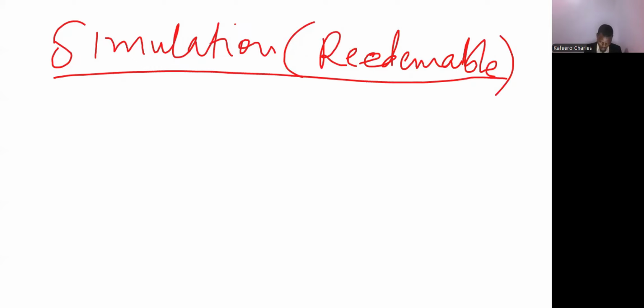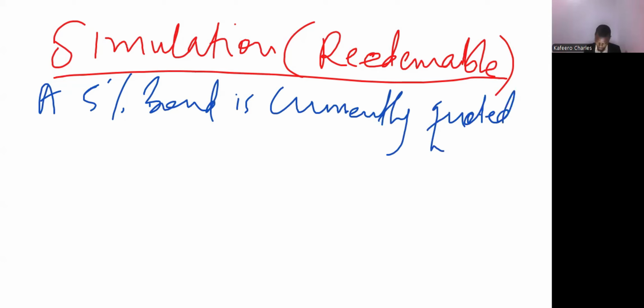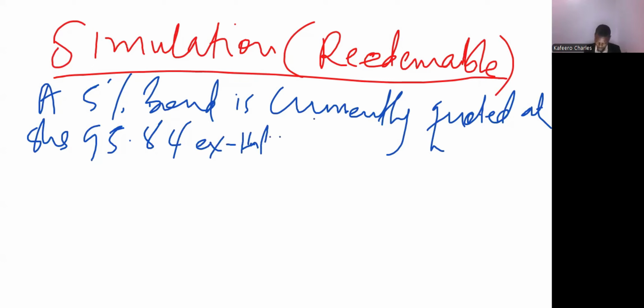So we can write that a 5% bond is currently quoted at shillings 95.84 ex int. It is redeemable.